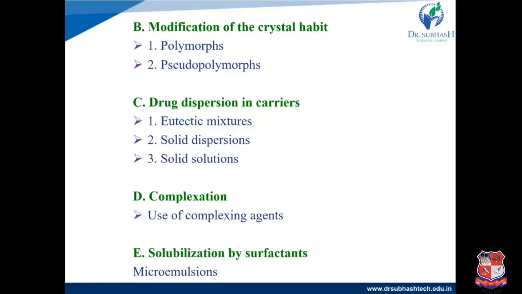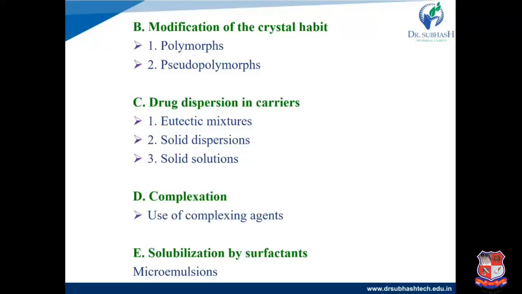Compared to others, the solid solution shows greater aqueous solubility and faster dissolution rate than eutectic mixtures and solid dispersions because of the reduction in particle size down to the molecular level.